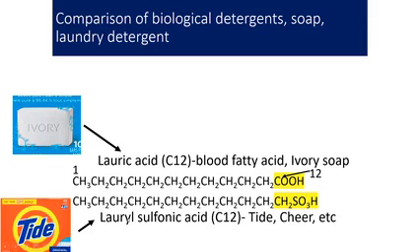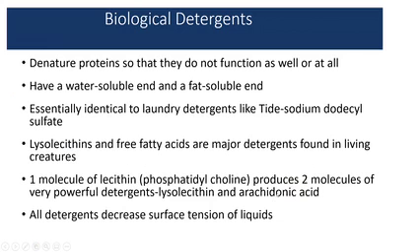In Tide, it's lauryl sulfonic acid, but again, it has 12 carbons. So these things that you use to wash your hands these days and that you use for cleaning your clothes are detergents, but phospholipase A2 has the ability to produce detergents that are similar in potency to these laundry detergents.